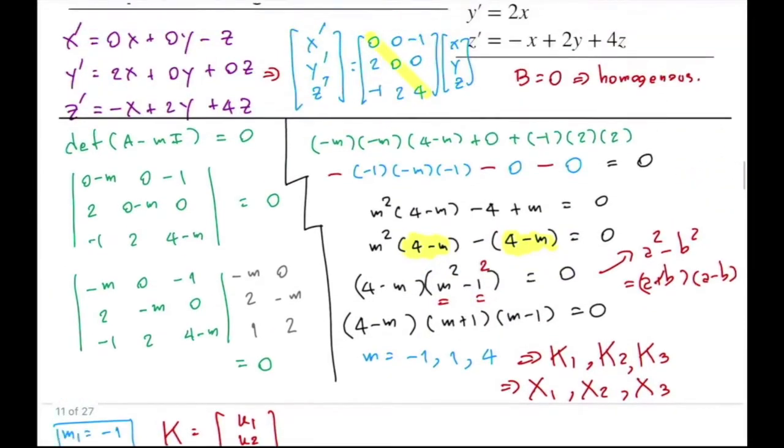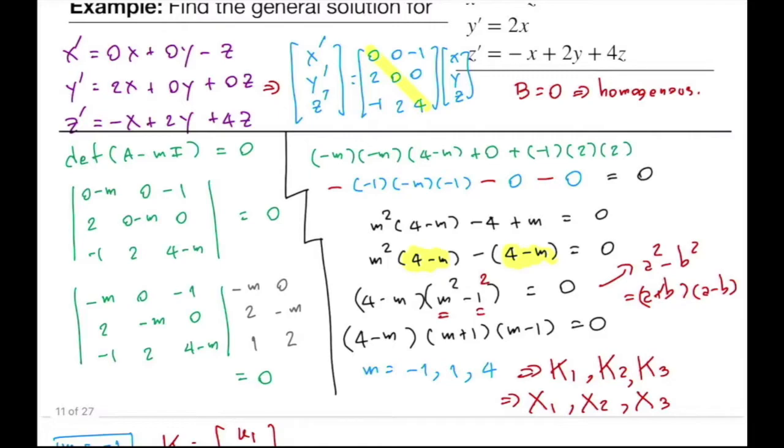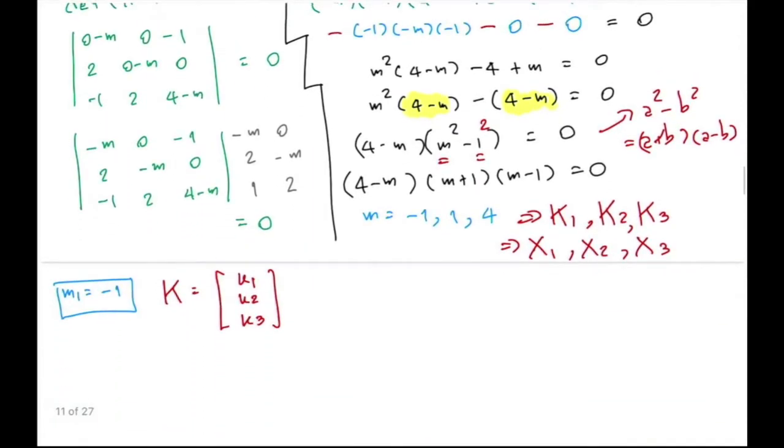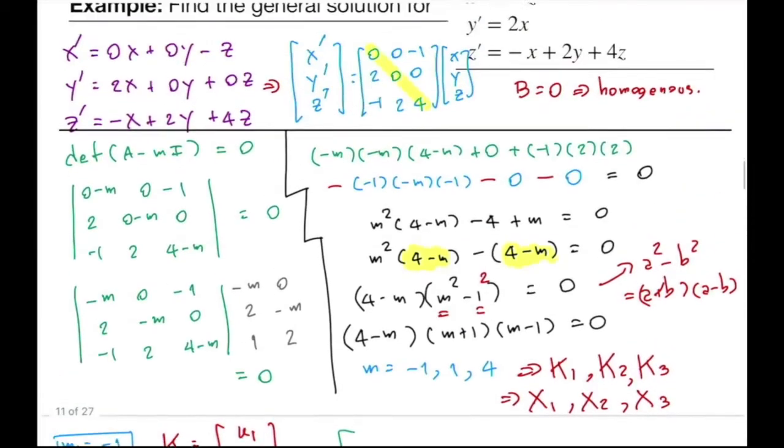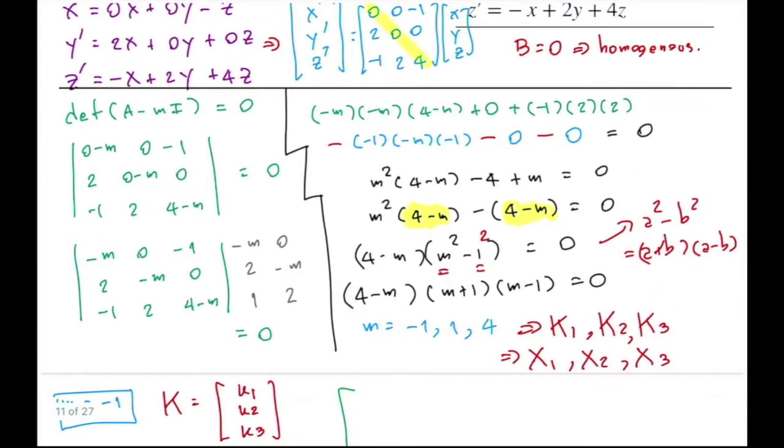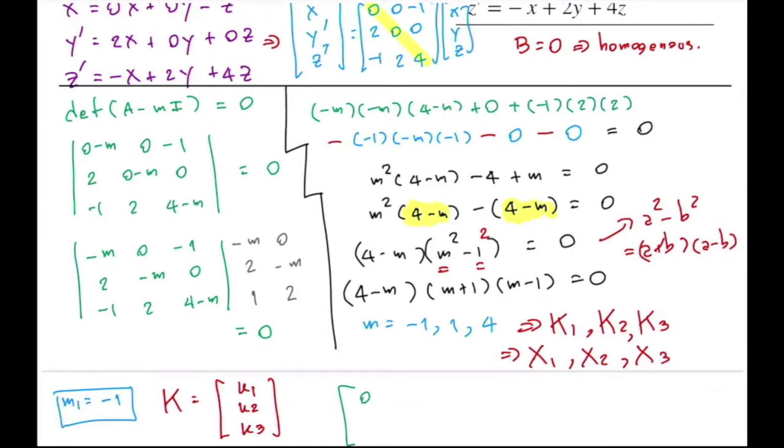A would be 0, 0 minus 1 to 0, 0 minus 1 to 4, right? So we would have 0 minus 1, 0 minus minus 1, 0 minus 1, 2, 0 minus minus 1, 0, and then minus 1, 2, 4 minus minus 1.